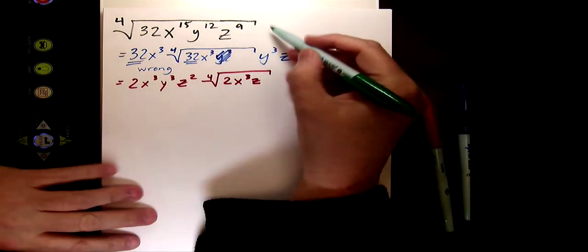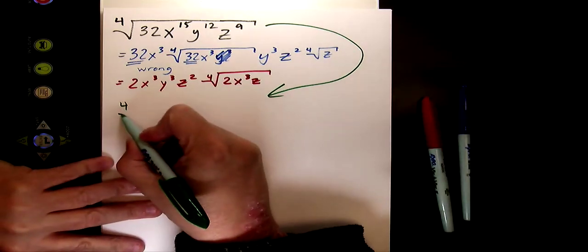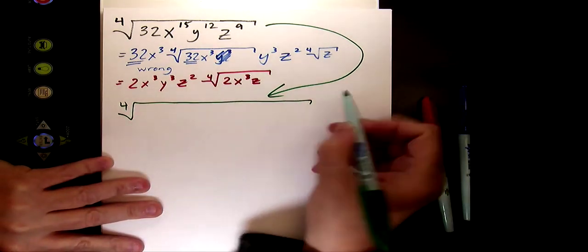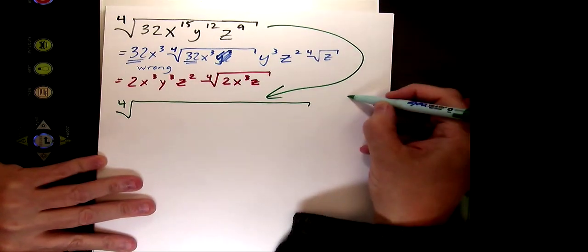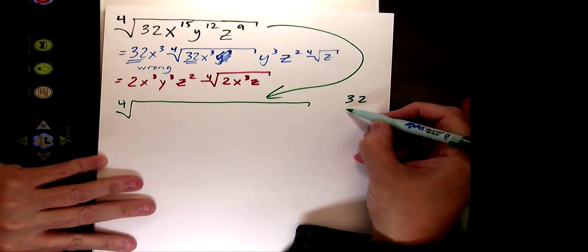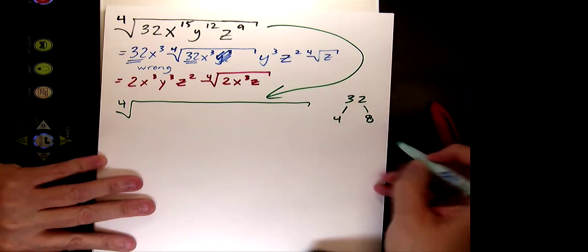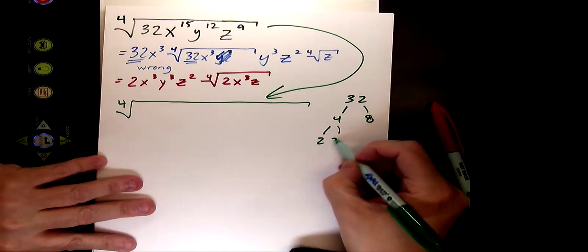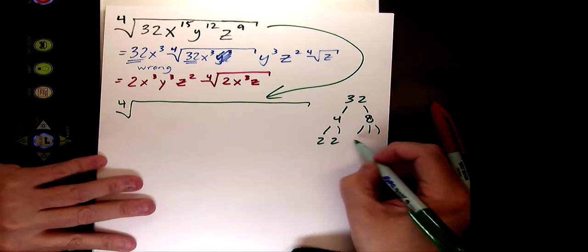That looks right, but I'm gonna do it myself. Let's take a gander at this. Let's do a factor tree on that 32 first. So 32 is 4 times 8, and 4 is 2 times 2, and 8 is 2 times 2 times 2.